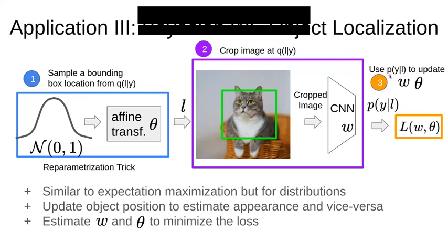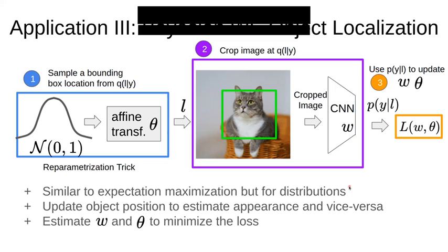we obtain P of Y given L. And with this, we can compute our cross entropy loss. And this loss is used to update W and theta. So in practice, we can think about this as a kind of expectation maximization, but on distribution instead of on points.